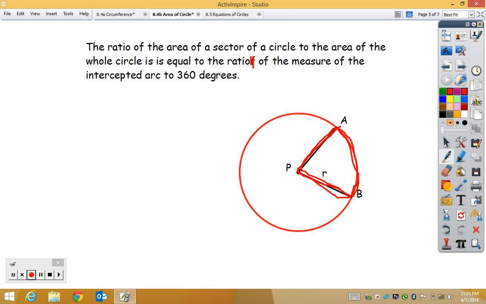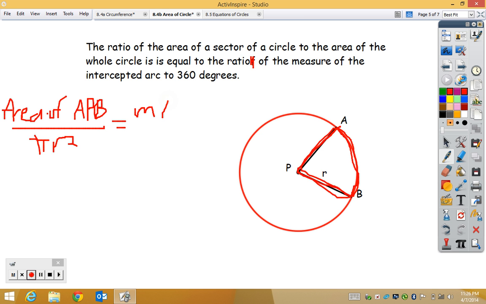So area of sector APB over the area of our circle, which is pi r squared, is equal to the measure of arc AB over 360 degrees.